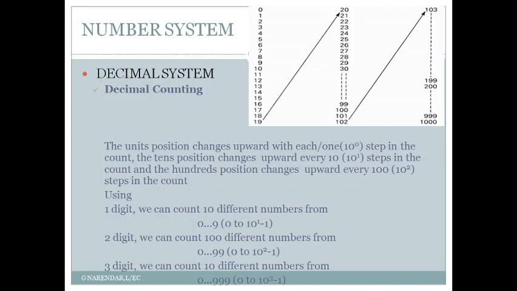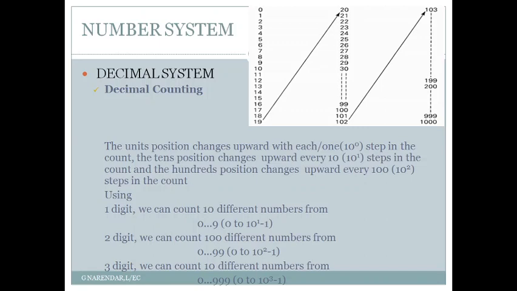Similarly from 2 0 to 2 9, 10 steps are completed, so 2 must be changed to 3. Similarly 30 to 39, 40 to 49 and so on. Similarly the hundreds position changes upward every 100 steps in the count. That means starting from 100 to 199, we have finished 100 steps in the count.